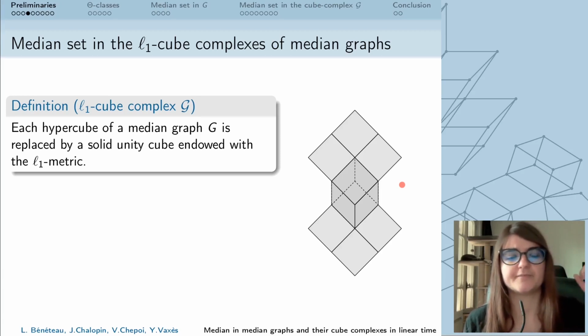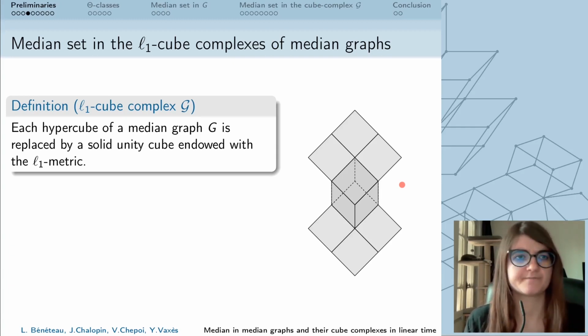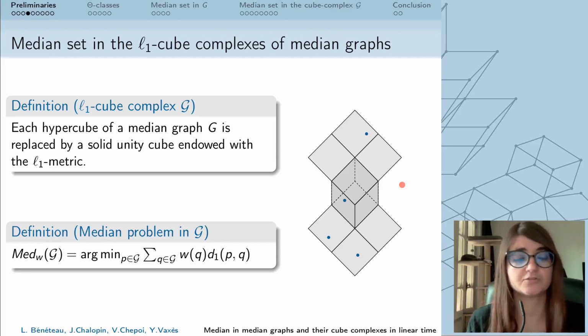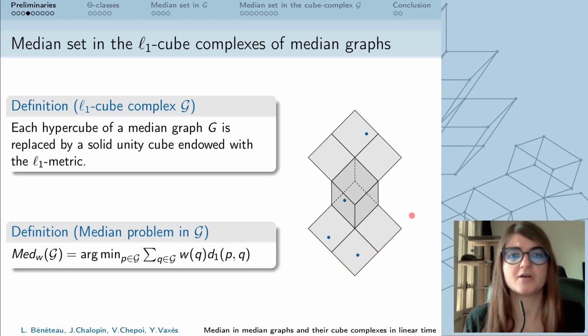Here we will endow the cube complex with the L1 metric, and we get exactly the L1 cube complexes of median graphs. And we can also define the median problem in those L1 cube complexes. For example, if we take the blue points with a weight of 1 and all of the others with a weight of 0, we get the points in the red area as the median set.